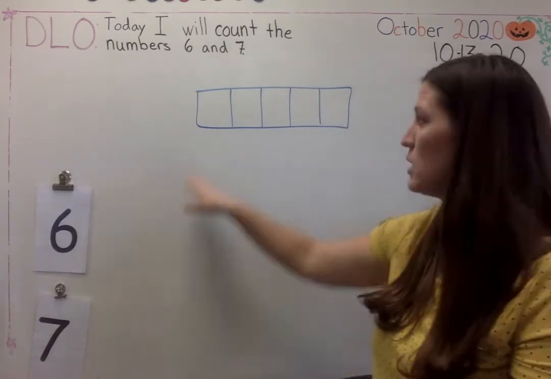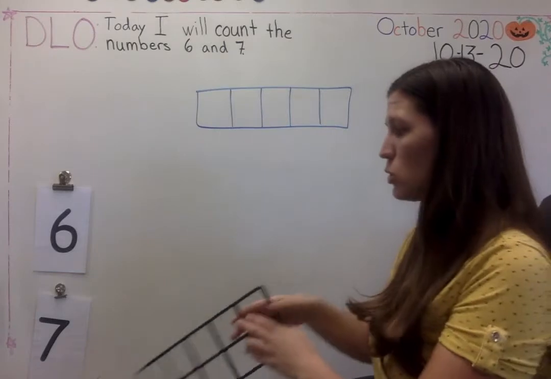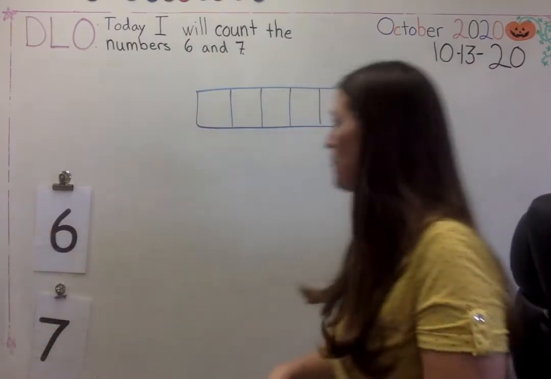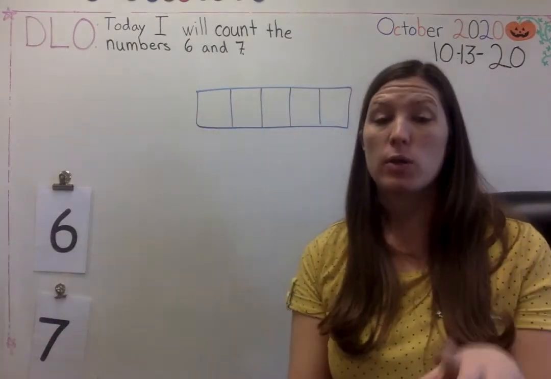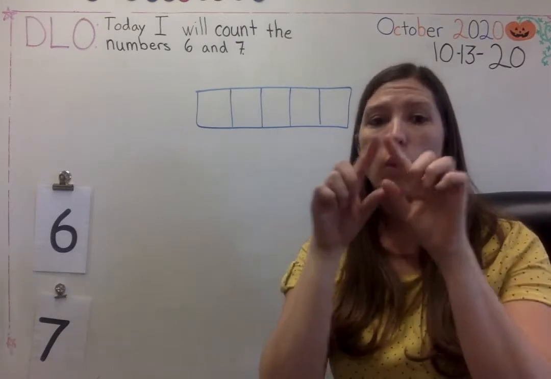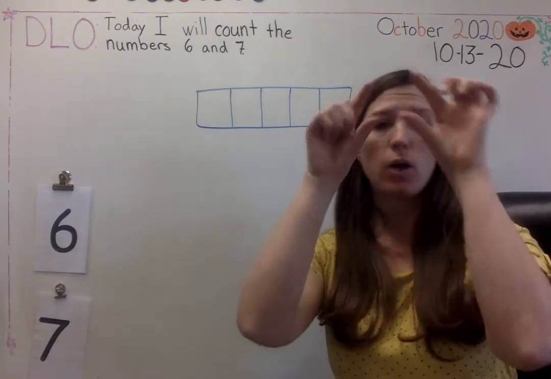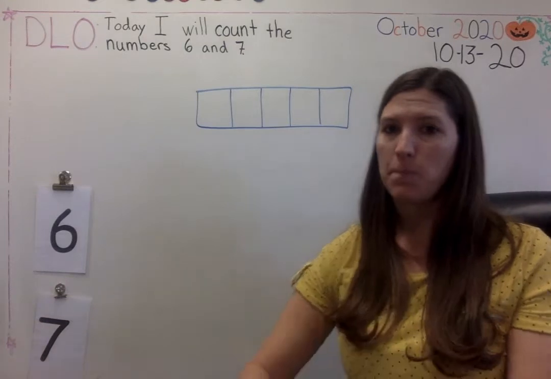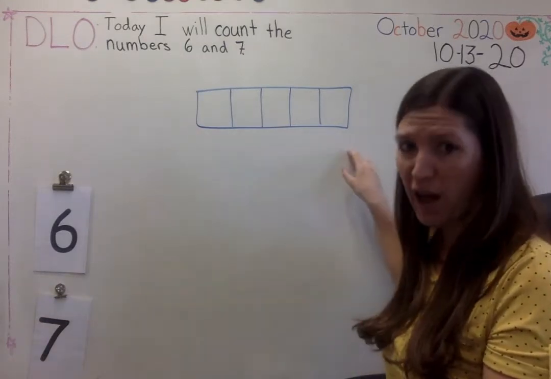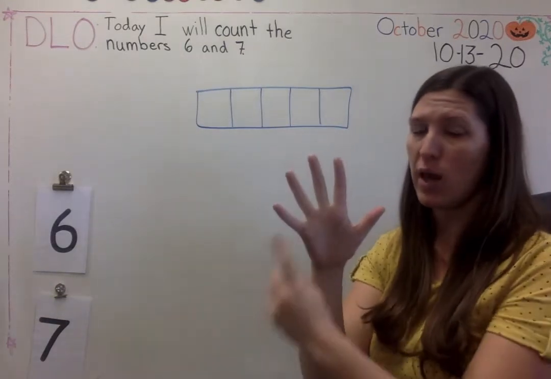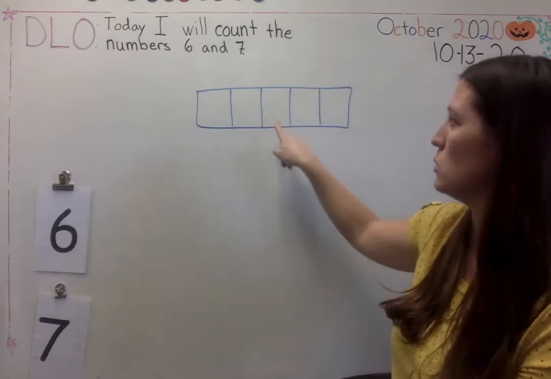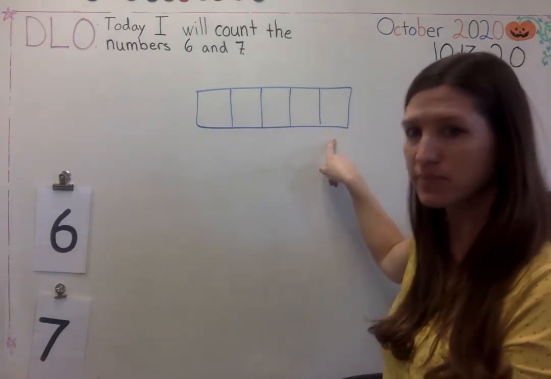But today we're focusing on 5 windows, so I drew a 5 frame. And when you think of a frame, you can think of a picture frame or a window frame. And when you have a window, there's a frame that goes around it. So when I think of this 5 frame, how many windows do I have? 5. 1, 2, 3, 4, 5.